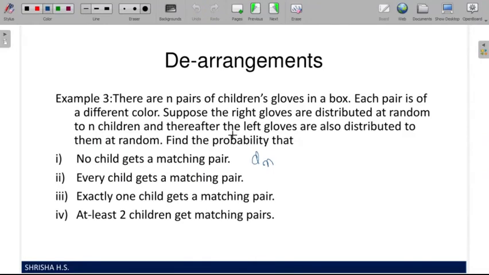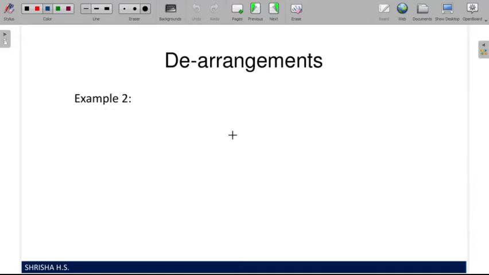The second one: every child gets a matching pair. That means there is no de-arrangement here. Find the probability that every child gets a matching pair; we'll call it P2. How many arrangements are there in which every child gets a matching pair?